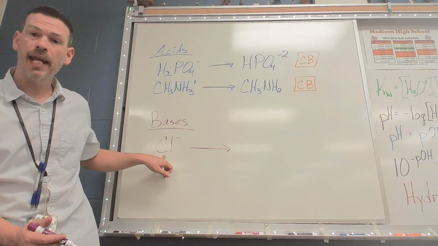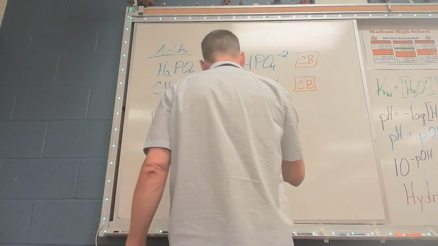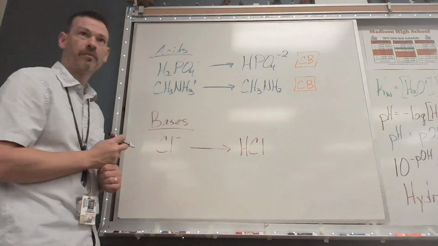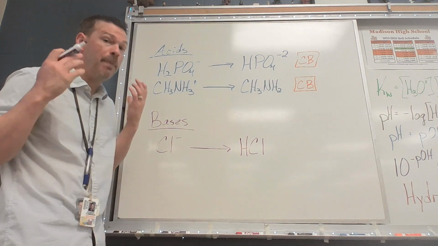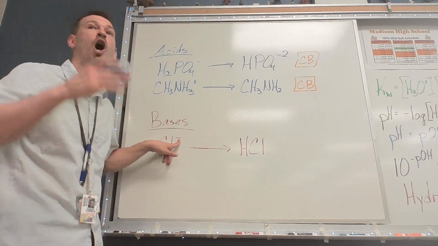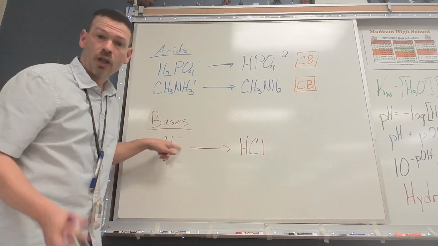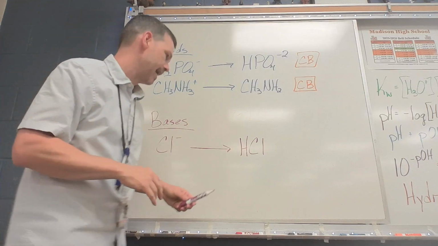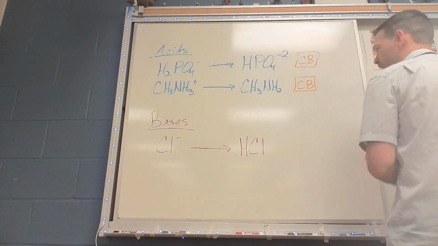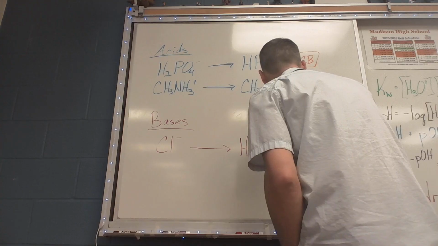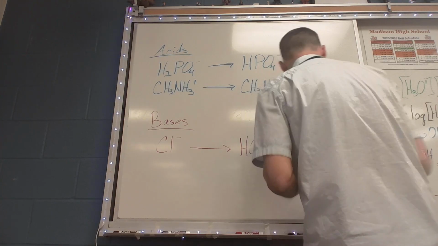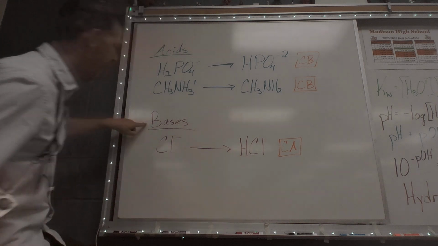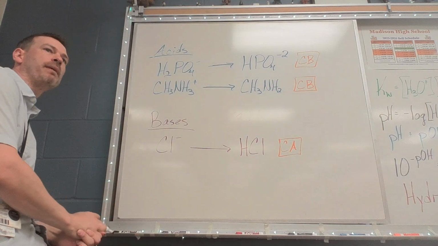If you give him an H, he becomes HCl. If you give him a plus, the charge becomes overall neutral. It was negative, but you gave it a positive, so it canceled out. So that is the entire answer. And this is a conjugate acid. Conjugate because we changed it. Acid because it's the opposite type of species.